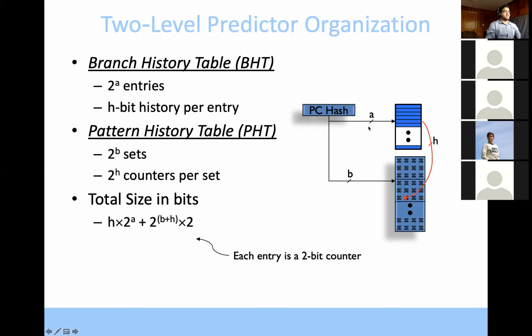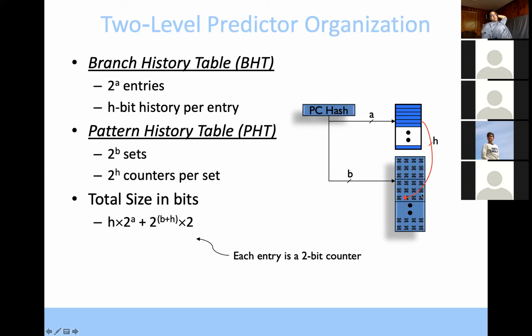So some portion A is going to be used to hash into the branch history table. And then some portion of the address B is going to be used to offset into the pattern history table, right? So in here you have 2^A sets with H-bit history.